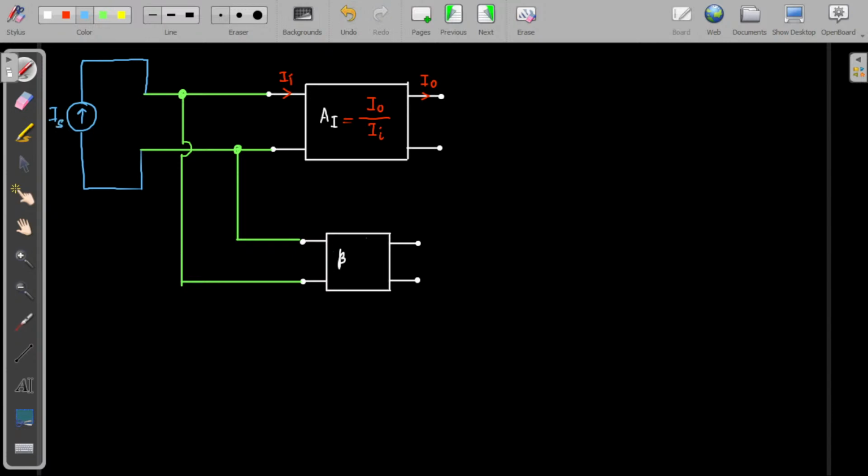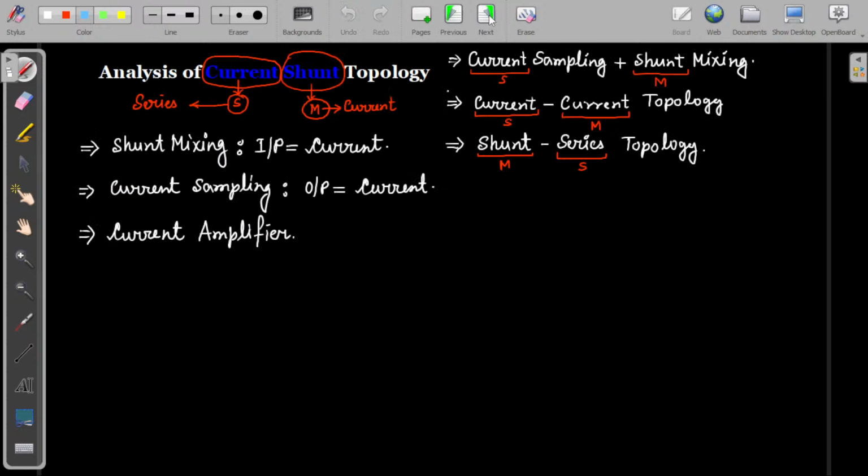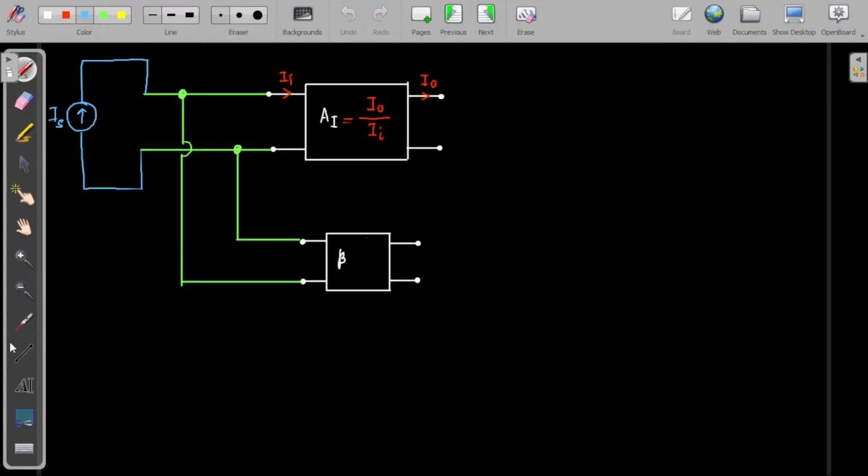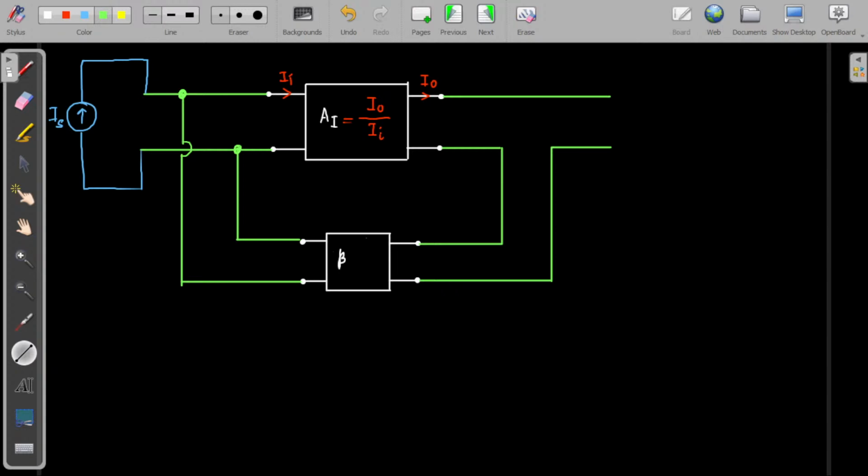Similarly, you have to go to the output circuit. And in the output circuit, what was it? Current sampling. Current sampling means series connection. So for that we have to connect in series combination. So let us connect this in the series combination. So this is the series connection, you can see.